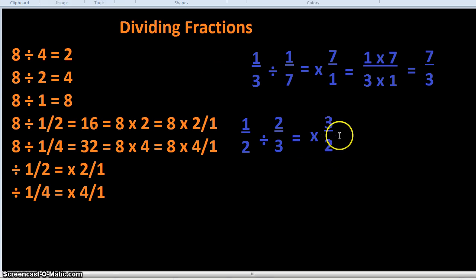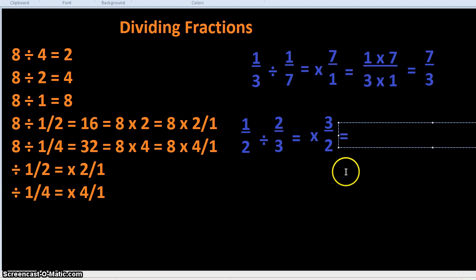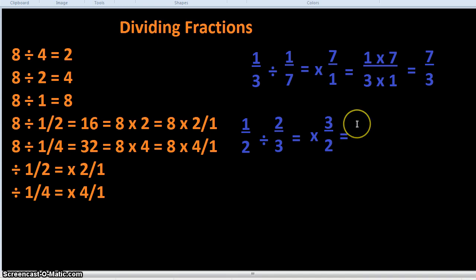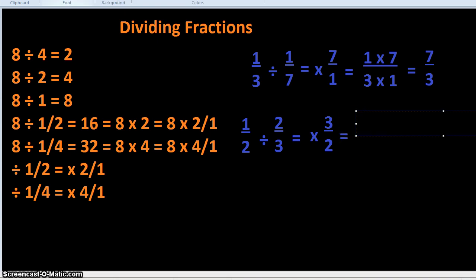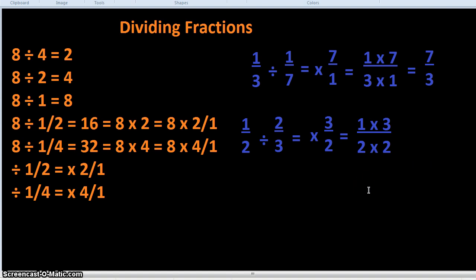And to multiply by a fraction, you multiply the top line and multiply the bottom line. So multiplying by 3 over 2 is 1 times 3, and the bottom line would be 2 times 2. So 1/2 divided by 2/3 actually equals 3 over 4. And that's how you divide fractions.